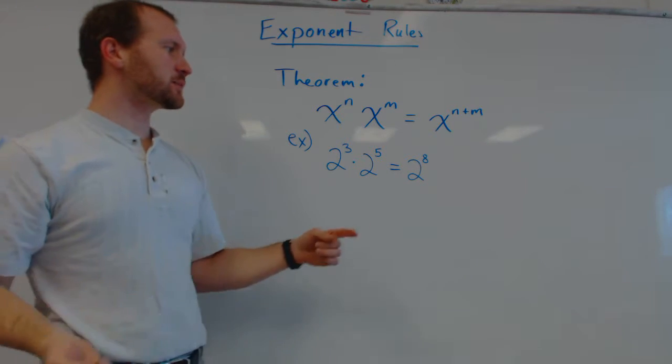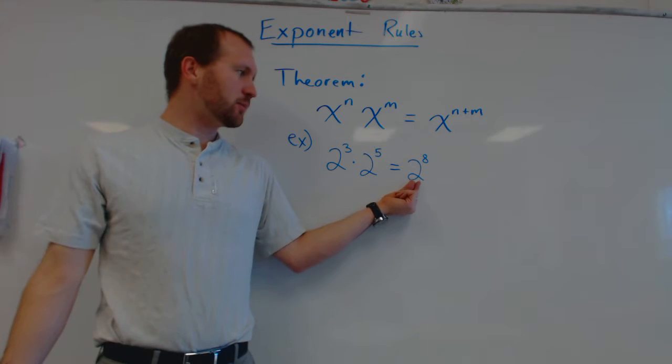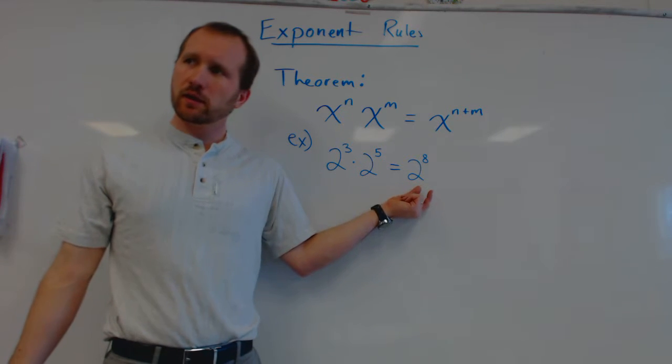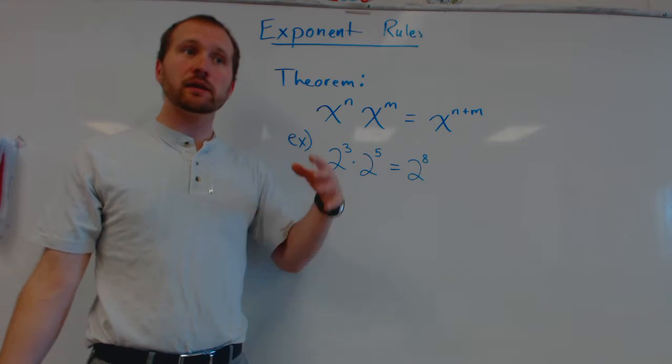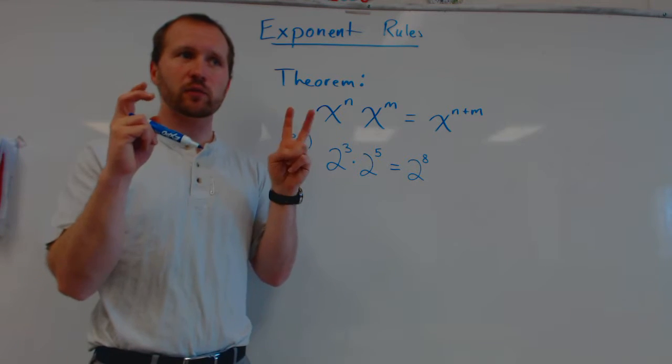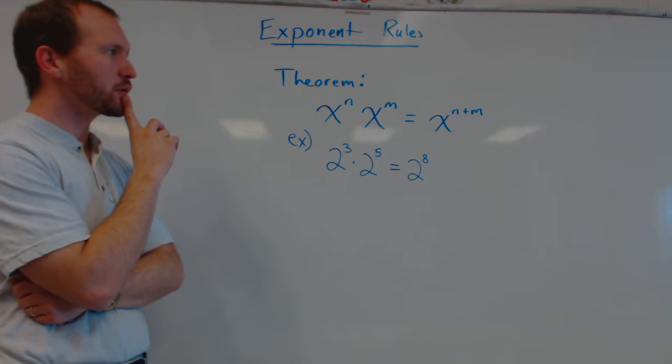And what you'll notice with exponents, a lot of the time, you could put this into a calculator and get a number, but a lot of the time I'm not going to do that. I'm just going to say 2 to the 8th. That's my simplified form. Okay? So how might we prove this?